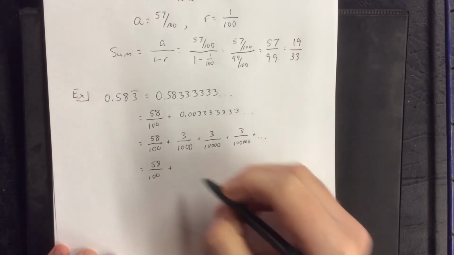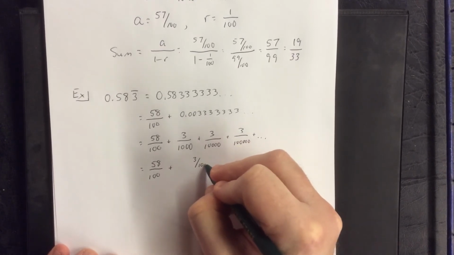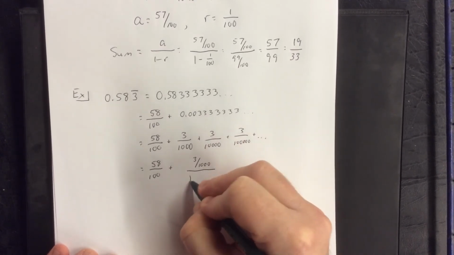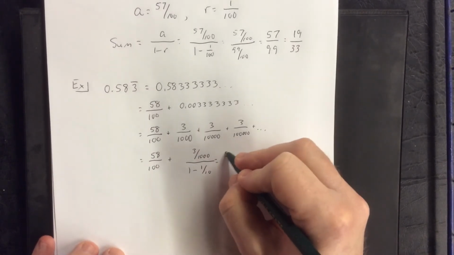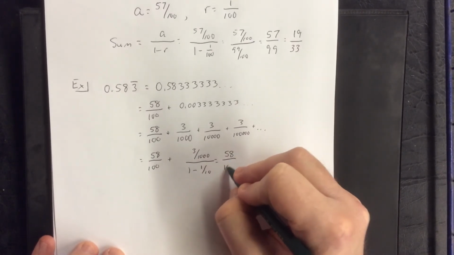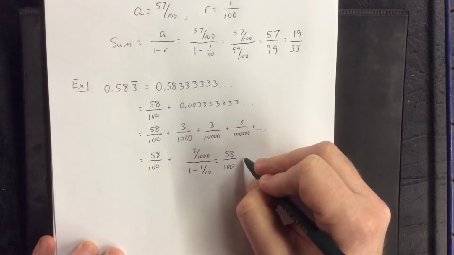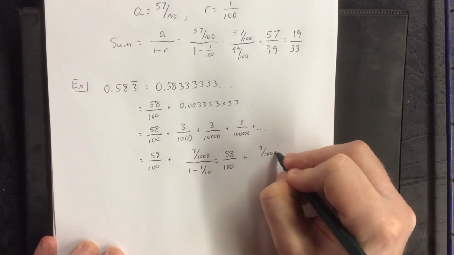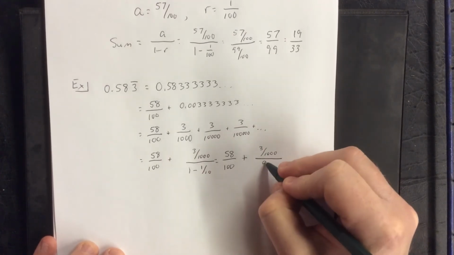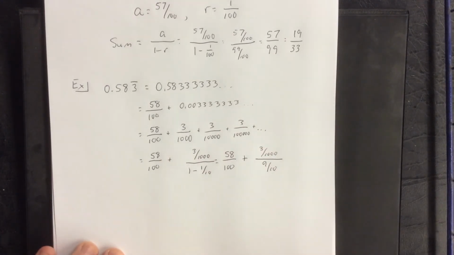The first term of this portion is 3 over 1,000, and the common ratio is 1/10. So we'll retain the 58 over 100 as is. This will be 3 thousandths divided by 9/10.